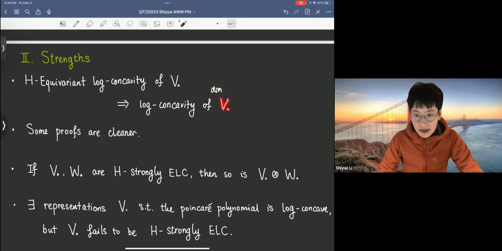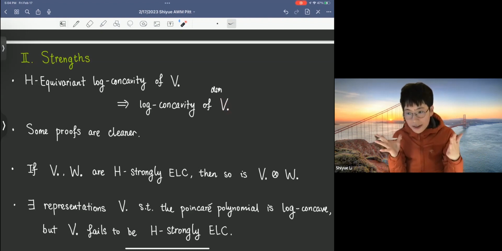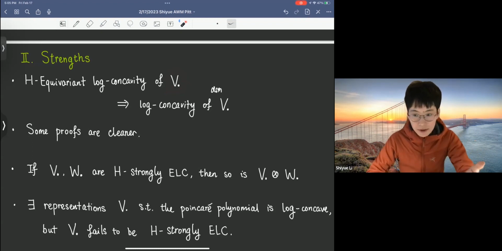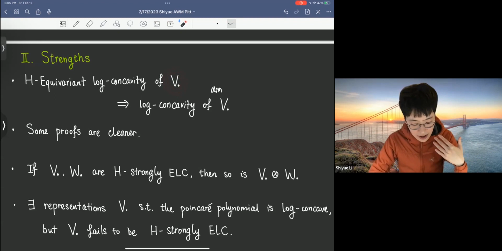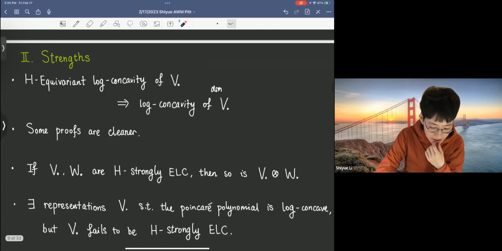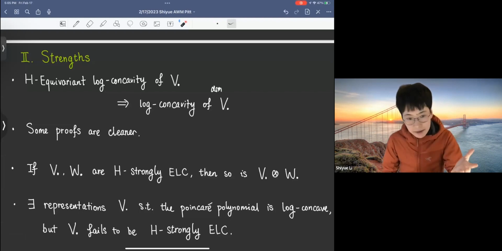So namely, if you have your favorite log concavity conjecture in mind and you don't know how to prove it, one way to prove it now is if you can find some graded representation whose dimension is the sequence that you want to prove to be log concave. And if you can prove that this representation is equivariantly log concave, then you win by just taking the dimensions. This motivates the second point, which says some proofs are cleaner because now you can have representation theoretic approaches.